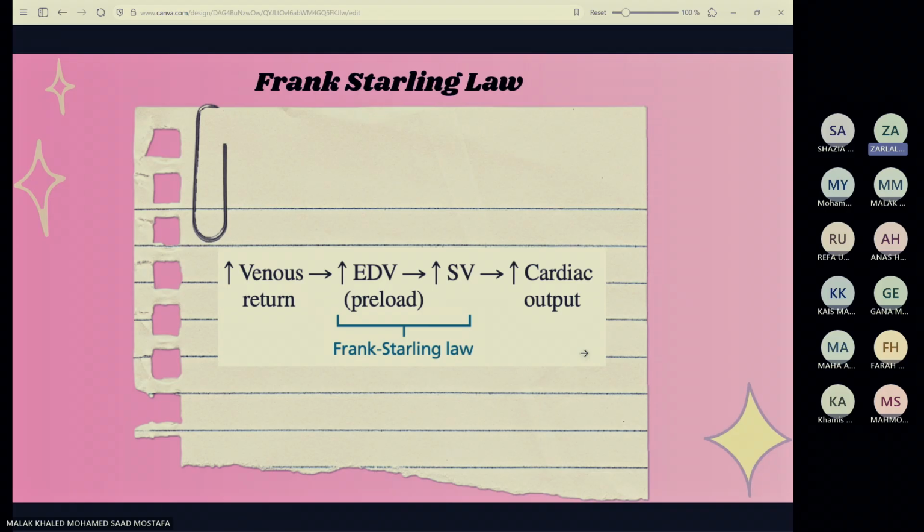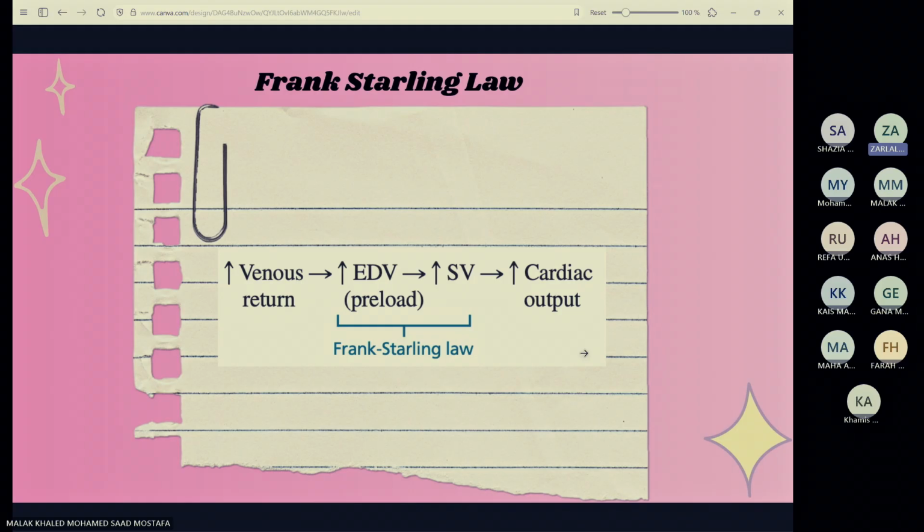Okay, so the name's kind of fancy, but it's basically just this whole thing. The venous return, meaning the amount of blood that returns to the heart, when it's greater, there is a lot of end diastolic volume, so the volume during diastole in the ventricles is greater, okay? And that's called preload. Preload is the degree of muscle stretch, right?